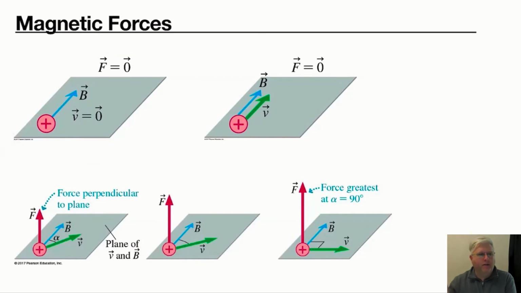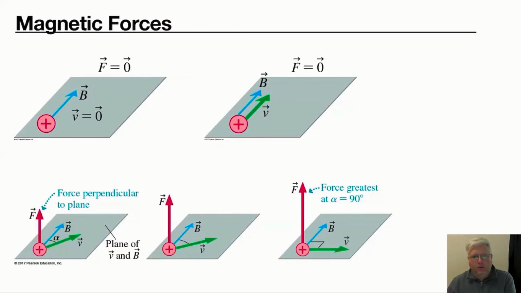There's no magnetic force if it's not moving, so there can't be any force. If it's moving in the same direction as the magnetic field, then there is no force.